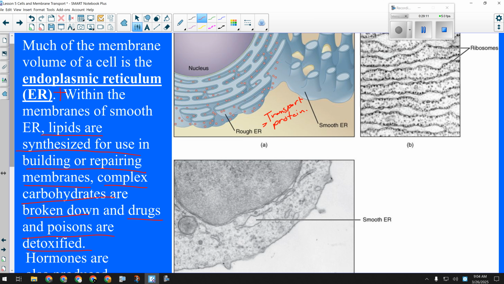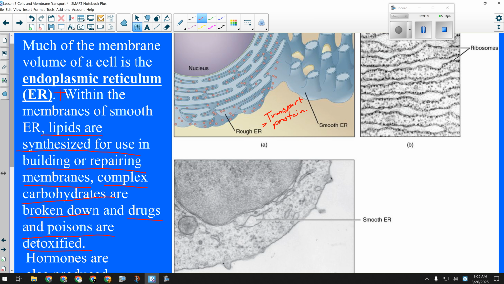If that happens inside the smooth ER, it can only damage the smooth ER, whose job is to make lipids to repair itself. So it's good that it's being done in there. The smooth ER also has lots of access to the cell membrane, so anything really bad can be sent out pretty quickly.